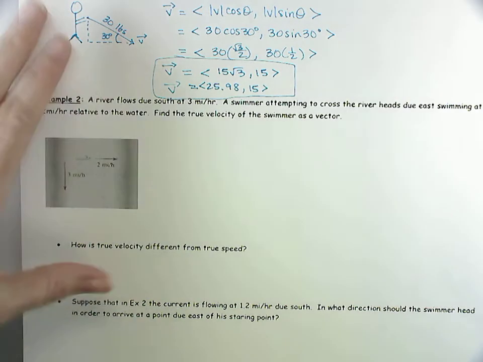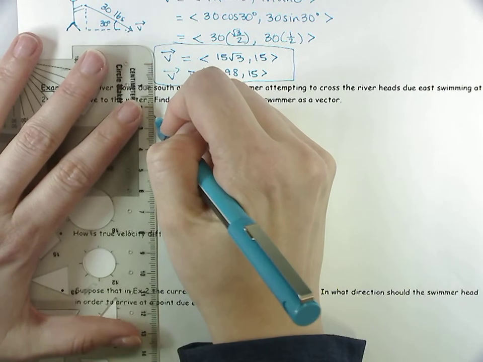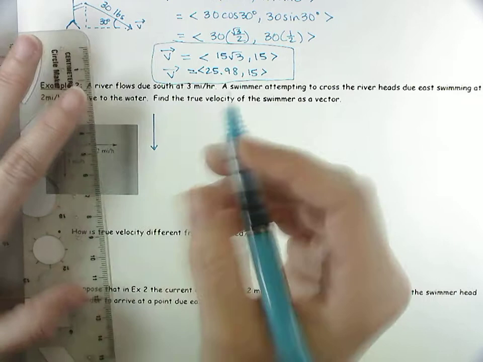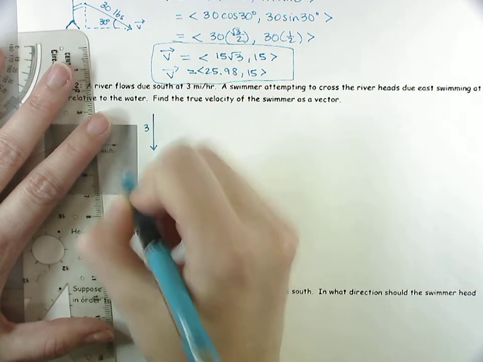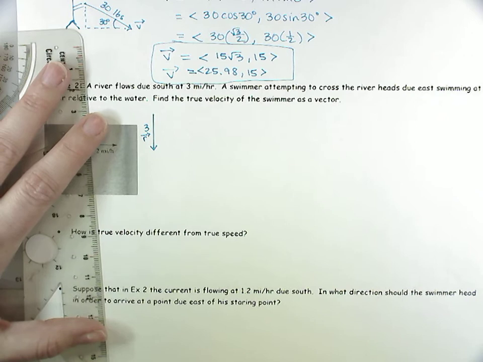And again, if you are in physics, you probably are used to drawing it off the grid. But if I'm going south, that means the river is flowing straight down. So here's my river. Okay, and the river is flowing 3 miles an hour.